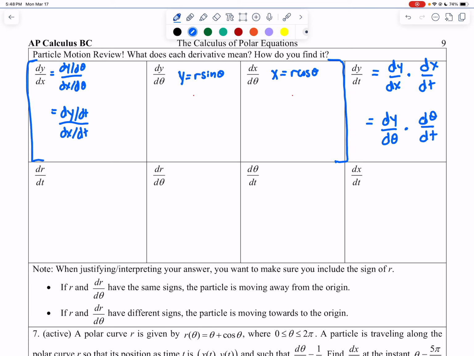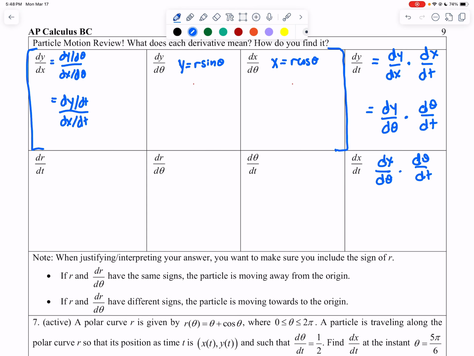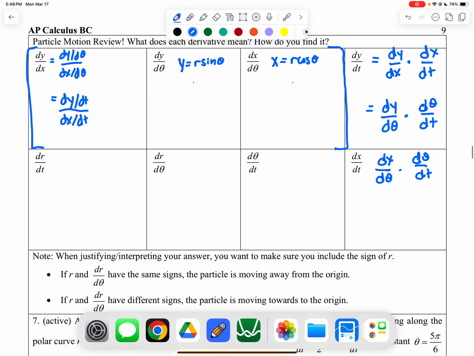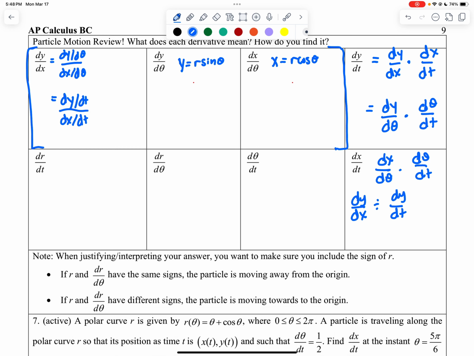For dx/dt I could do the same thing using the chain rule with theta, so I have dx/dθ times dθ/dt. Or if I were to solve for dx/dt here, I have dy/dt divided by dy/dx.